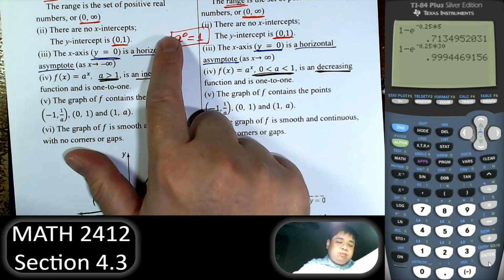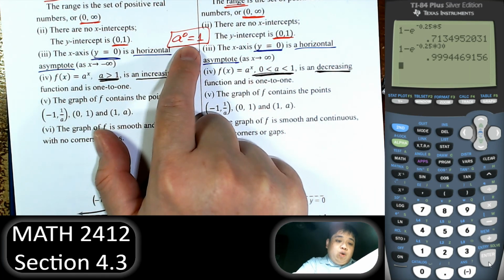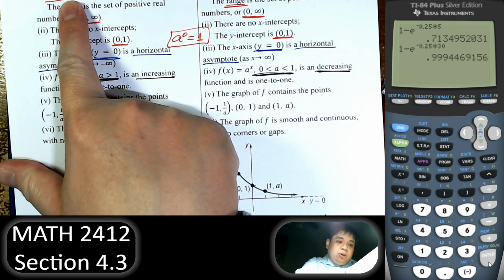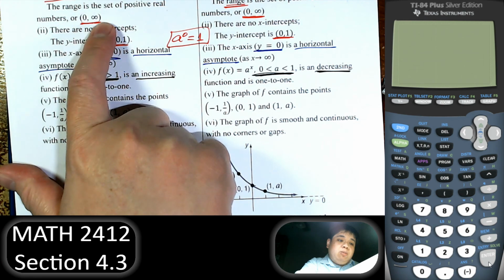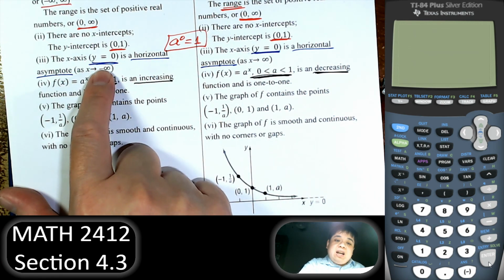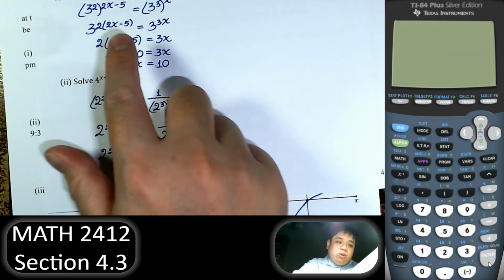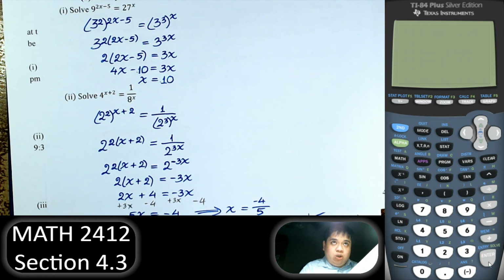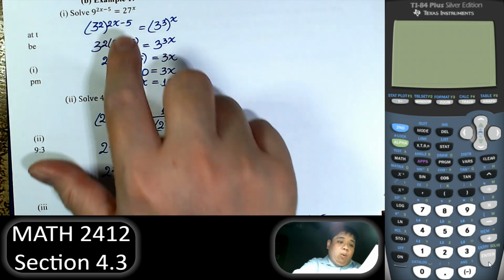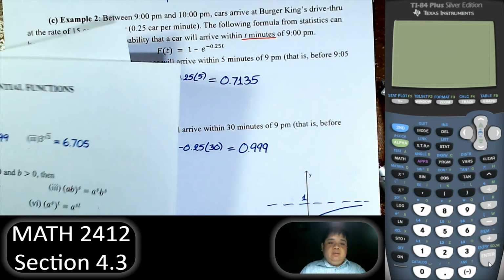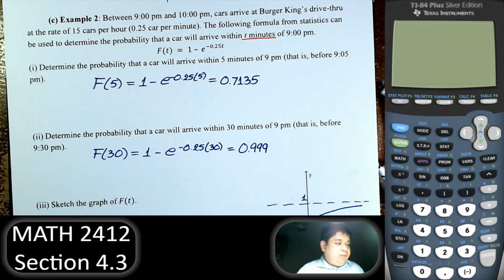We have this characteristic: it goes through the point (0, 1), the domain is all real numbers, the range is positive numbers, and the x-axis is the horizontal asymptote. After that we showed the exponential equation, the first type, where we let the bases be equal, then the exponents will be equal. And that's all we have for this section.